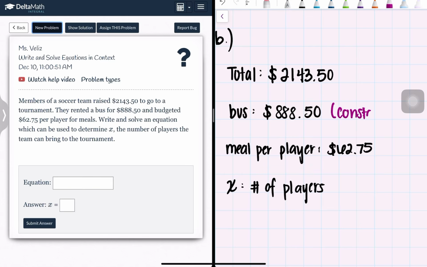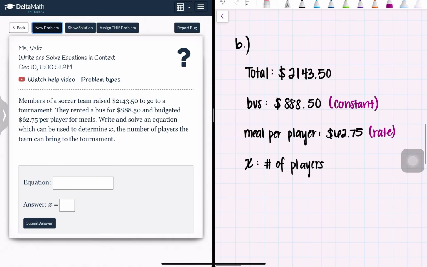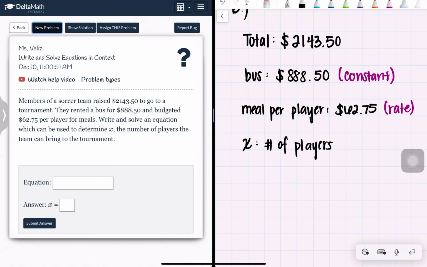Regardless of how many players decide to go on the bus, I'm still going to be paying $888.50. That's not going to change. So this is the constant. We know this here is going to be your total. Therefore, this here is our rate.